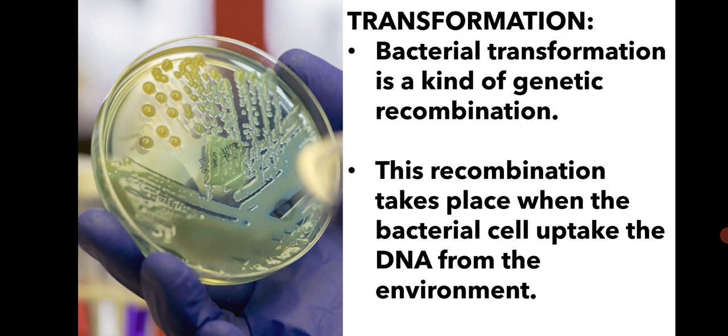So the DNA is present in the environment, and any other bacterial cell can take it up, but here I want to mention that not all bacterial cells can uptake the genetic matter or the DNA present in the environment. So this particular kind of recombination, which is called transformation, takes place when the bacterial cell absorbs within itself the DNA from the environment.